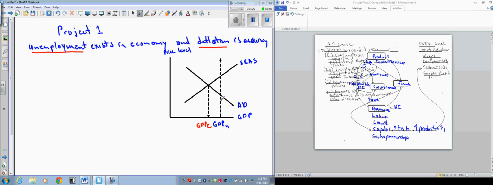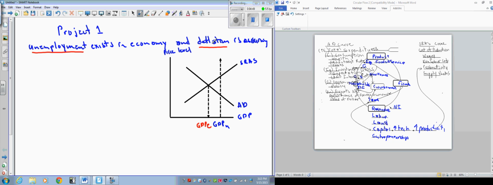Now, in order to determine which curve we should move when there's unemployment and deflation, deflation is the key. We want to move the curve, either the SRAS to the right or the AD to the right, that causes this deflation to go away.